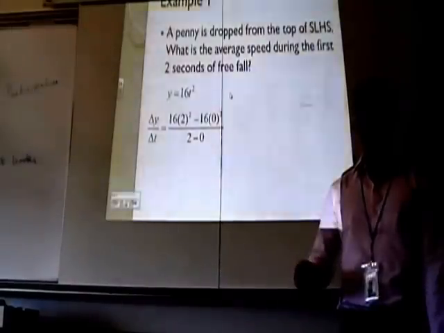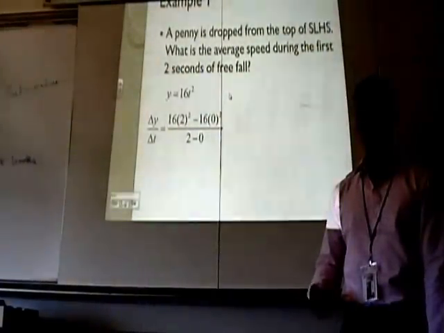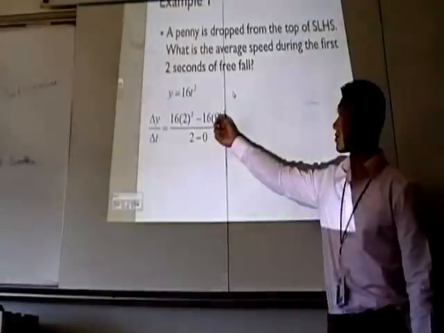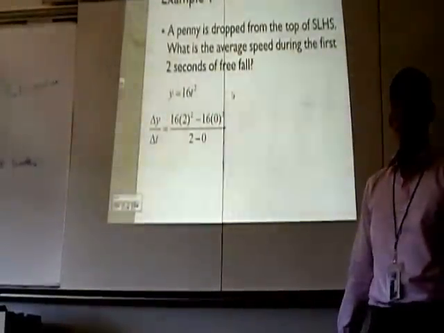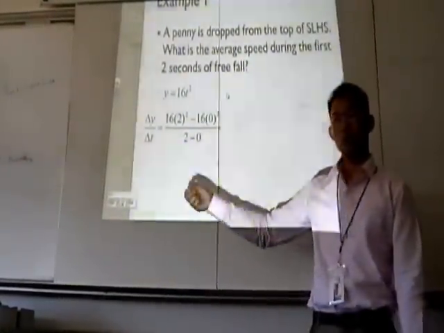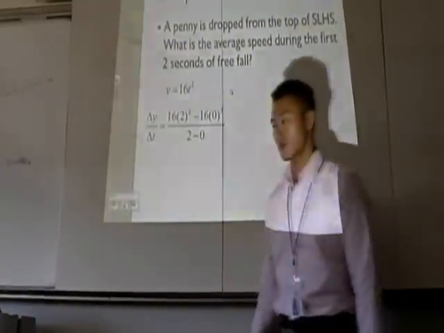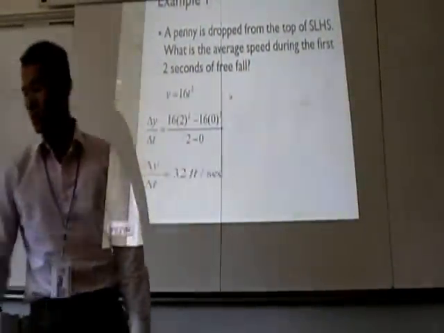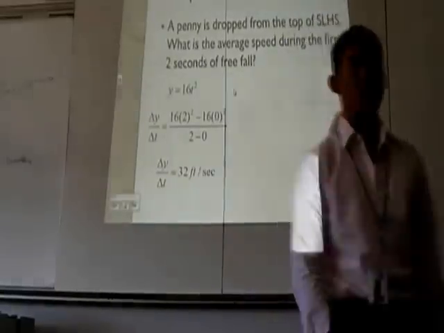When the rock is in its original place, what's the time? 0. That's why I plugged 0 in there. Divided by total time, 2 seconds minus 0. And then we get 32 feet per second.